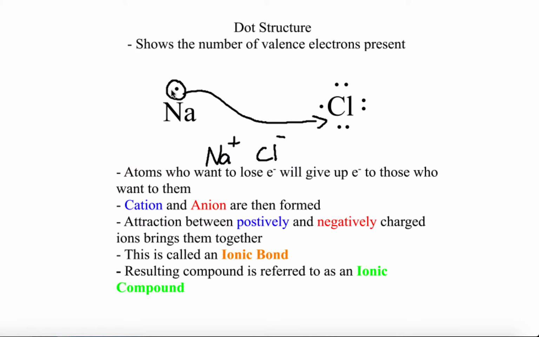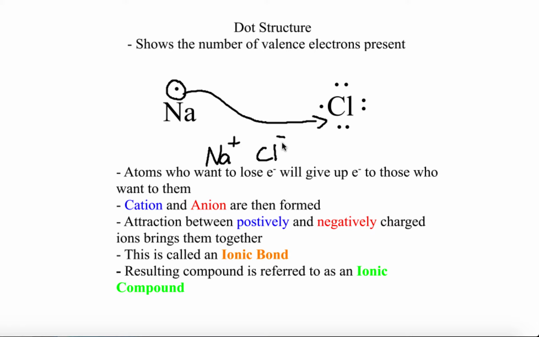So the atoms that want to lose the electrons donate them, or essentially give them up, to the elements that want to gain them. Doing so forms the cation and the anion. Cations are positive, anions are negative. Naturally, they're going to be attracted to one another. This attraction between the positive cation and the negative anion is called an ionic bond.